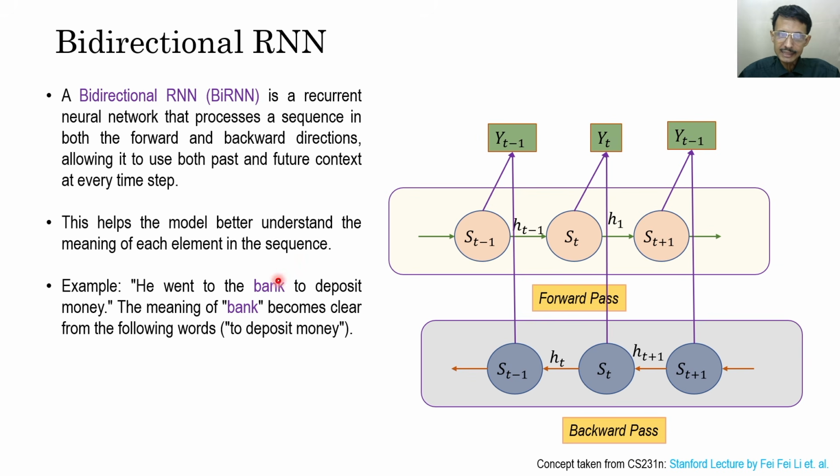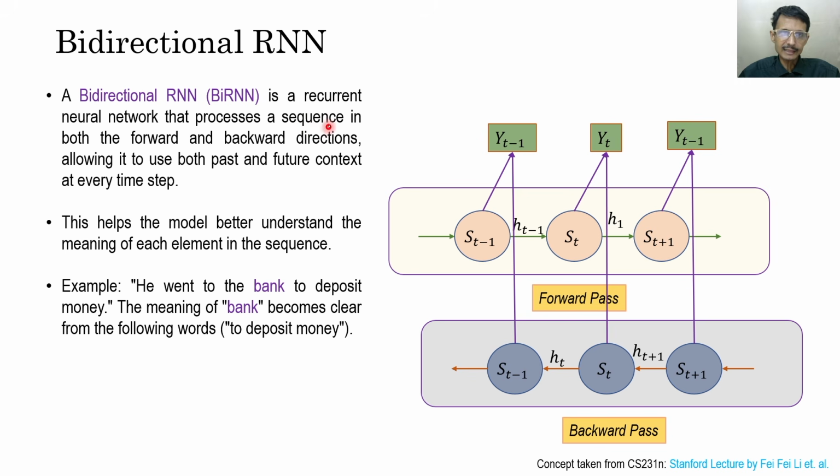But this bank is a financial institution. This is understandable by seeing the future or later words. So understanding the future or later words also helps in finding the meaning of the actual sentence.